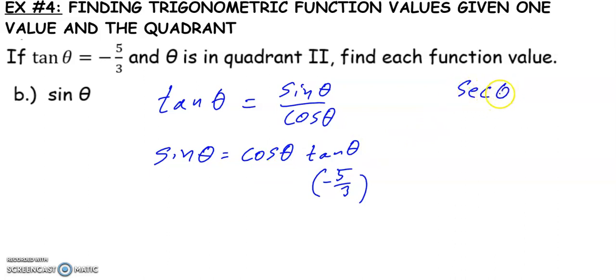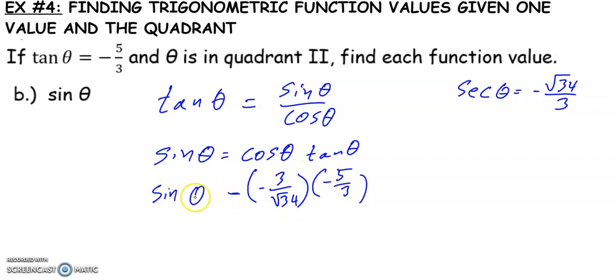Secant theta from our last example is negative square root of 34 over 3. So cosine is the reciprocal of secant. So we're going to say negative 3 over square root of 34, and that's going to be what cosine is.